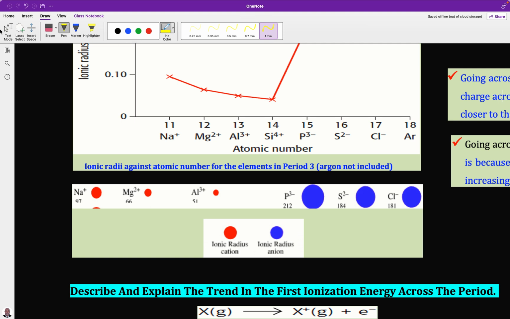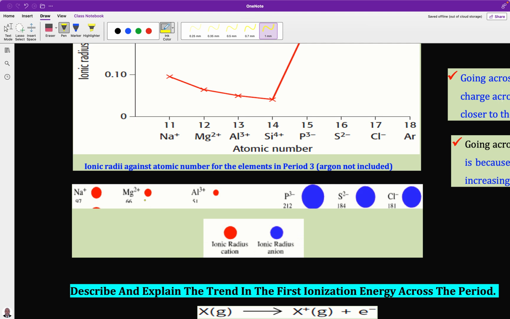From sodium to silicon, the cations are much smaller. So if you compare the ionic sizes of sodium to silicon to their atomic sizes, you will see that the cations are much smaller than their atoms.